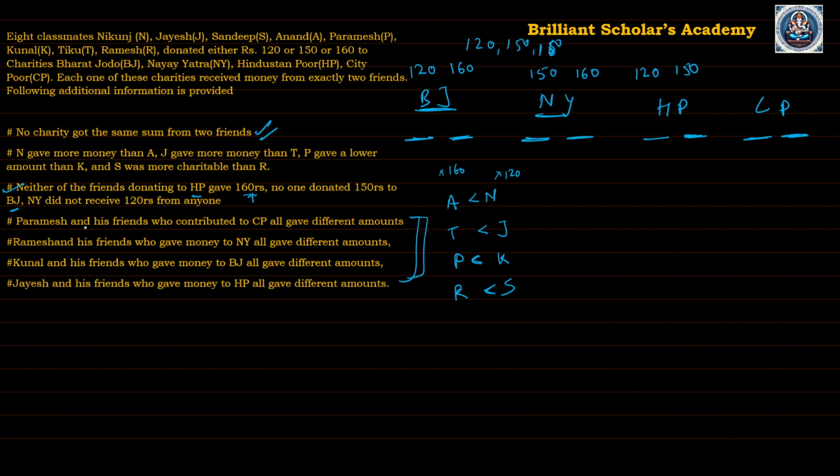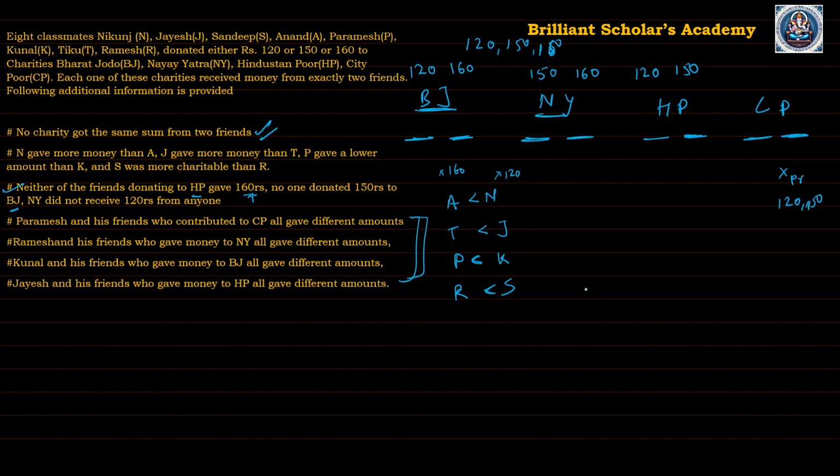Parmesh and his friends who contributed to CP gave all different amounts. Now Parmesh is on the lower side. Parmesh is not going to be here, his friends are. Now because Parmesh is going to donate either 120 or 150, I do not know what is that amount, we'll come back to it.